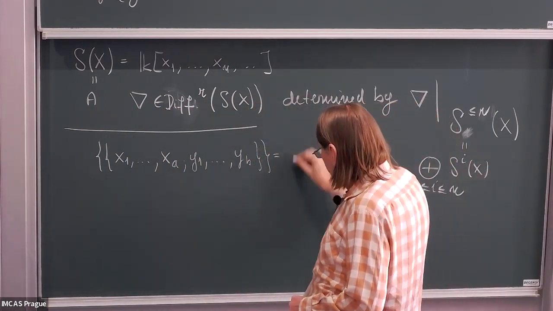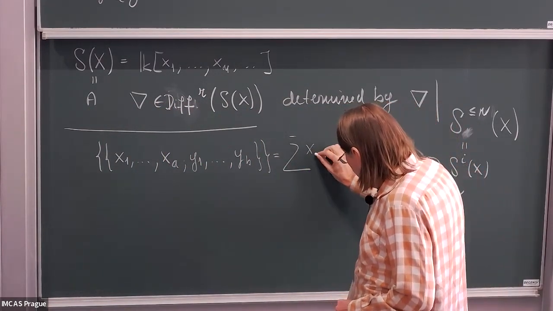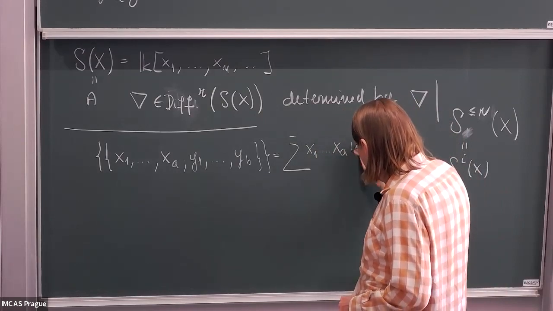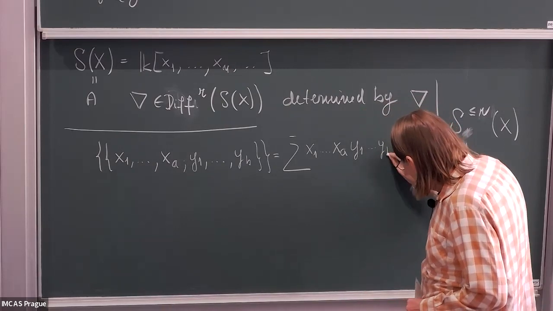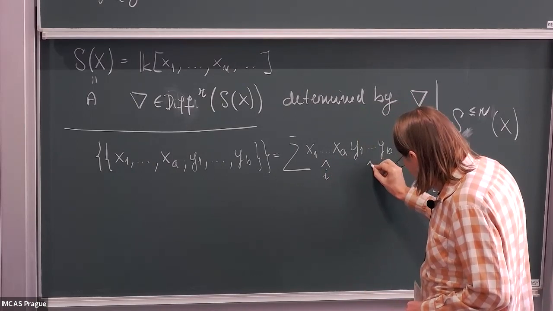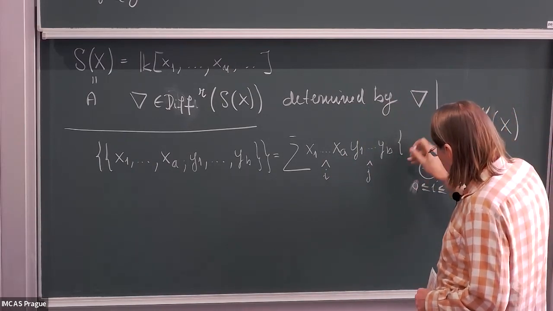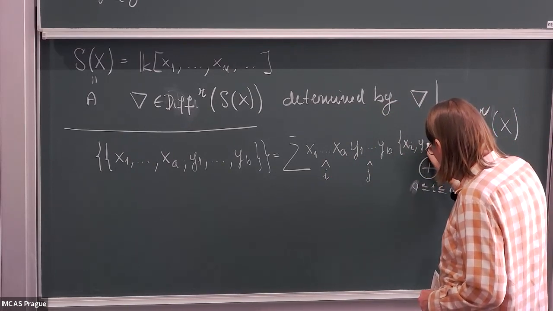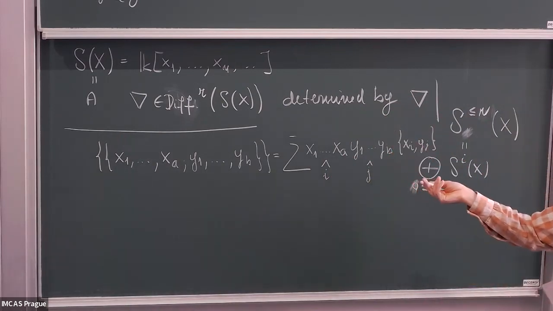And this is a summation: I take the product of all x's, the product of all y's, where here I leave out xi, here I leave out yj, but I put them here. So this is the explicit formula.